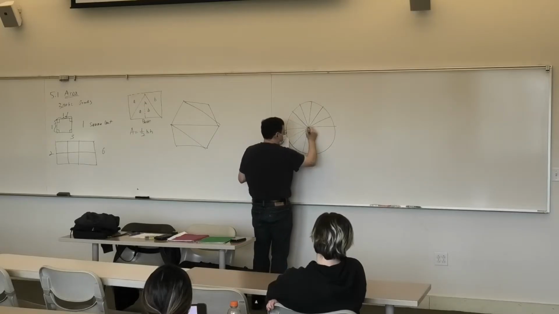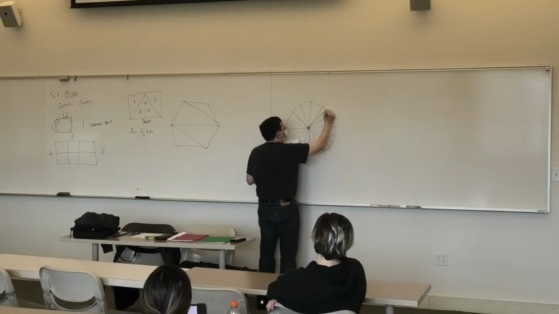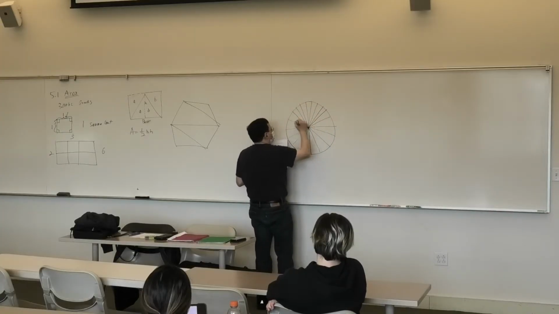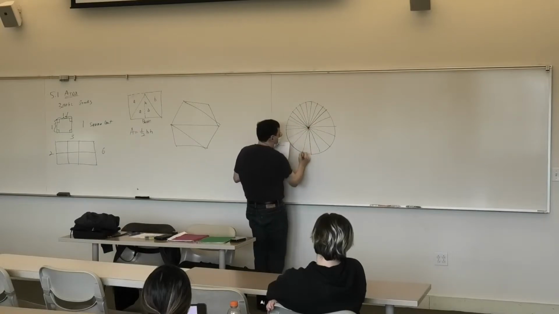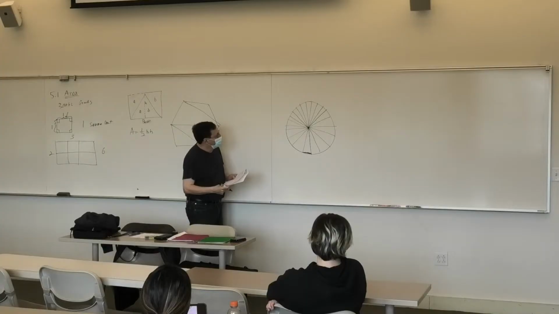We get an approximation, but of course we can put more and more triangles here. Each of these is just a piece of the circle.